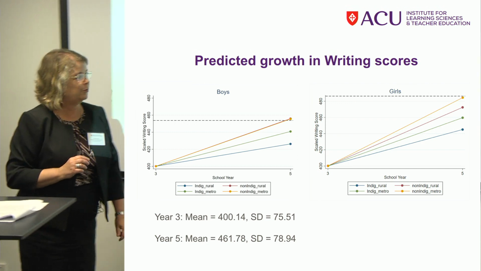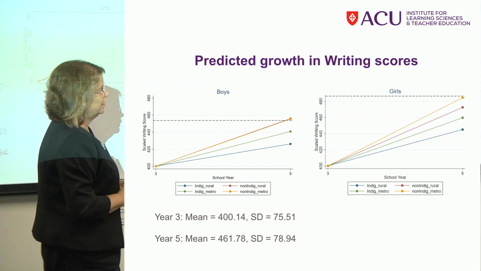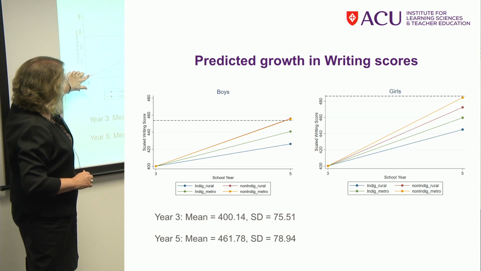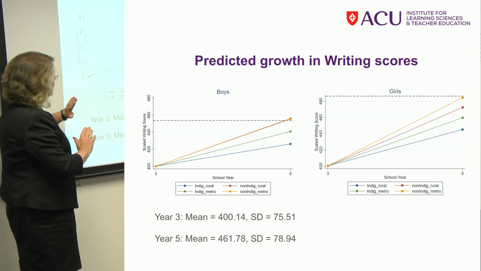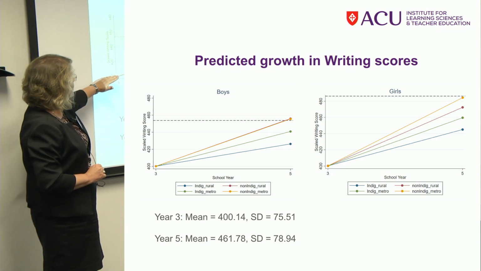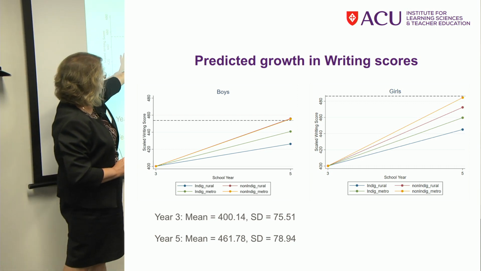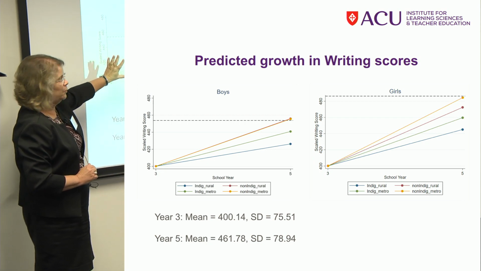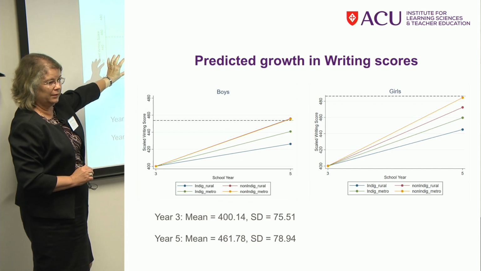I'll move on, and we've produced similar graphs, and so you can see here that we still have progression on average for students that are different for the same 4 groups, but the spread is wider for writing.